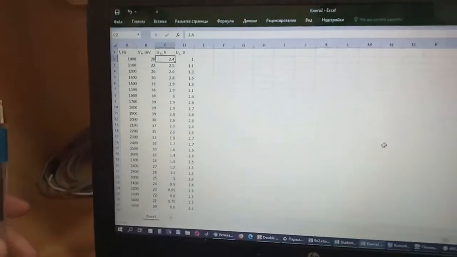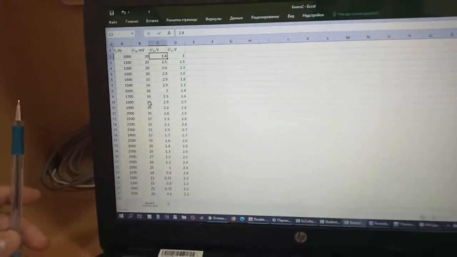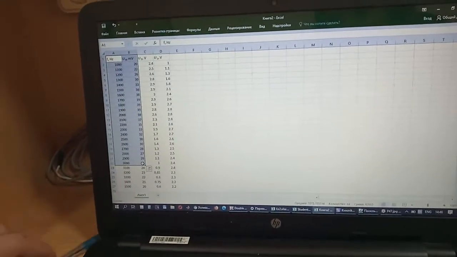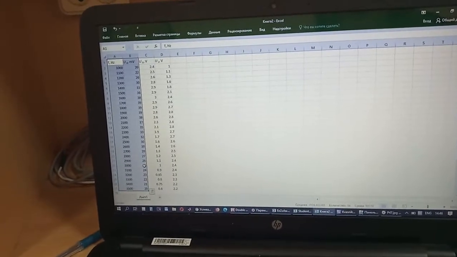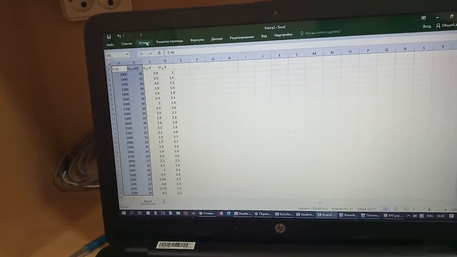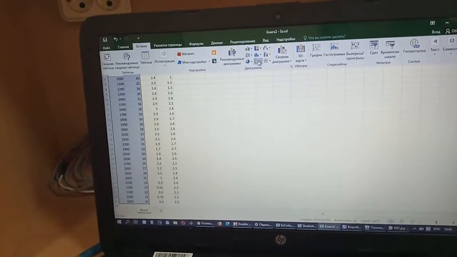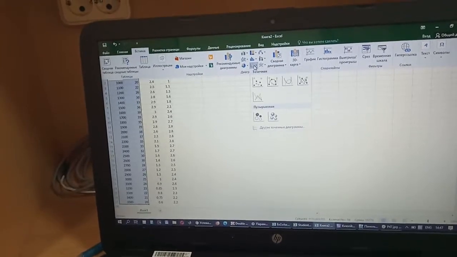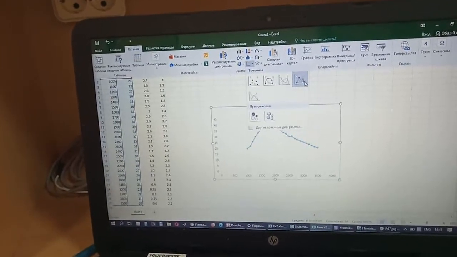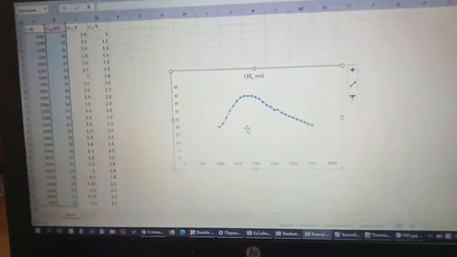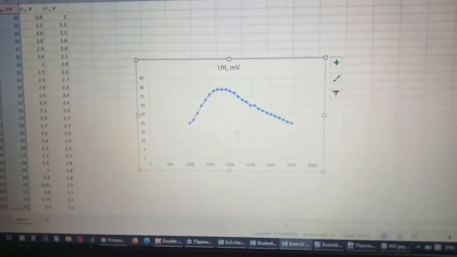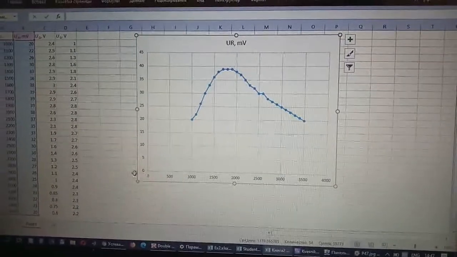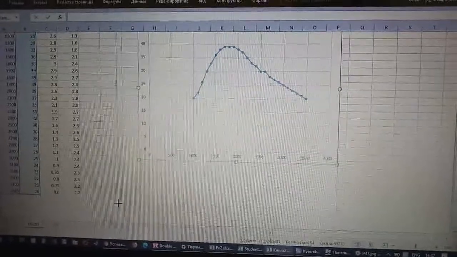After we have collected all the data, we need to draw two graphs. First graph is the dependence of UR, voltage on resistance, on frequency. For this reason I use insert, and this is scatter type of diagram, and I'll take this one. Now from this graph one can see that the dependence of voltage on frequency has resonance behavior.